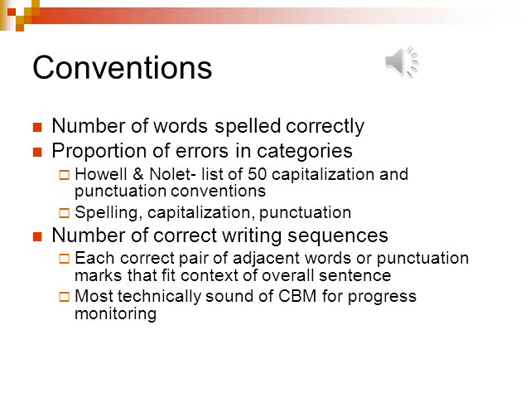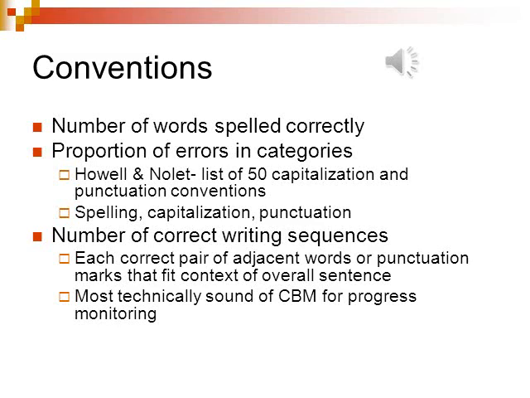So Howell and Nolet, who developed the curriculum-based evaluation approach that we talked about earlier this quarter, have developed a list of 50 capitalization and punctuation conventions, and you'd be able to go through a writing sample and see where the errors were occurring in each of these specific categories.